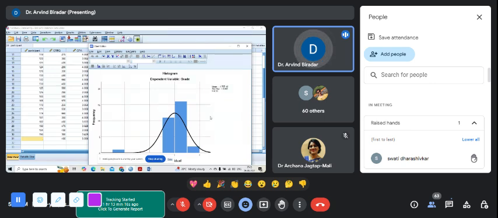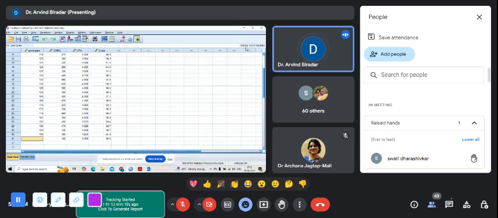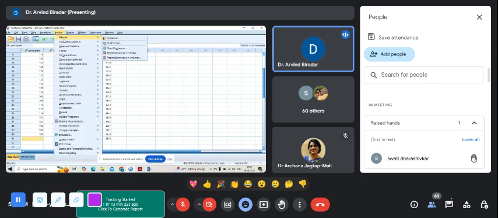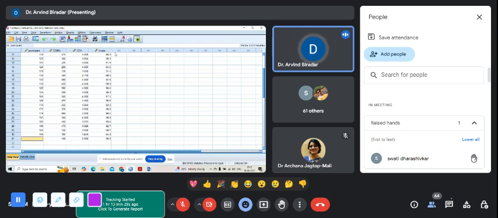And this is linearity, one can check it. So here is how to check it. Analyze, Descriptive, Explore.